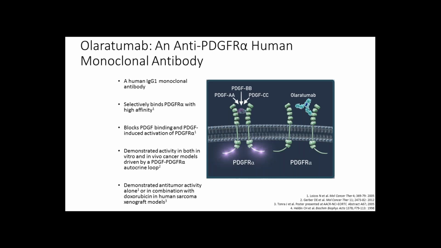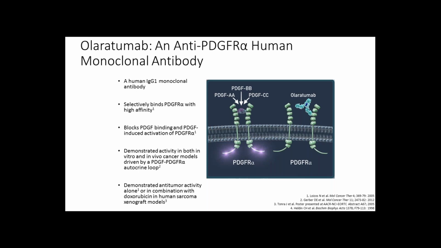So moving on to Olaratumab, as I mentioned, this is an anti-PDGFR alpha human monoclonal antibody. It selectively binds to PDGFR alpha with high affinity. And you can see on the cartoon on the right-hand side the representation of Olaratumab binding to PDGFR alpha. And by doing this, it blocks PDGF binding and PDGF-induced activation of PDGFR alpha.